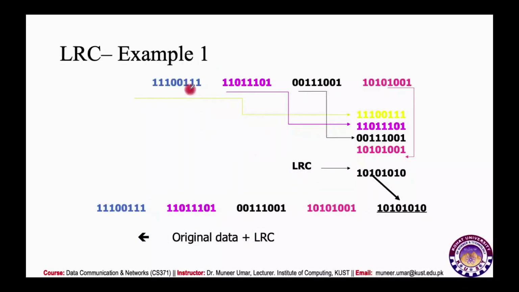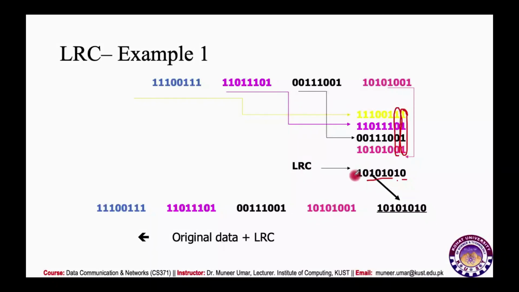We have 4 bytes. These 4 bytes are taken, and for each column in these 4 bytes, we calculate a parity bit, and we make even or odd parity. So here we have an even number of ones, so 0 is given. Here only 1 is present, so odd number of ones, 1 is given to make it even. Similarly, zeros and ones are given.